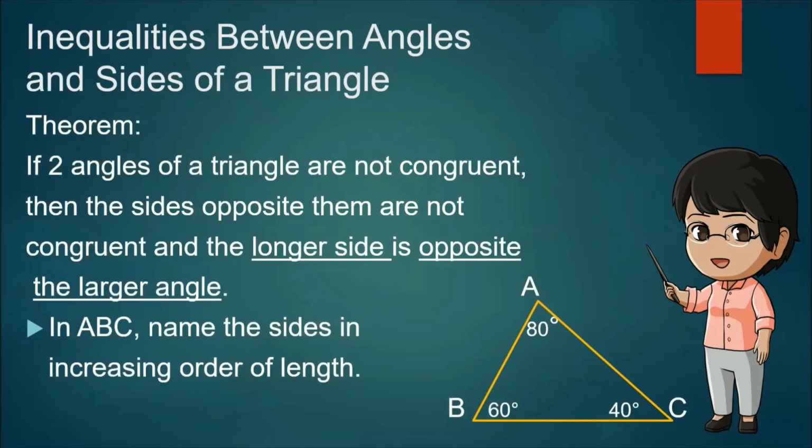So since the smallest angle is angle C, then the shortest side must be AB. Next, we have angle B, which is 60 degrees, and that comes as the second smaller side, AC. And then the longest side is the side opposite the greatest angle, which is angle A. So the side opposite angle A is BC.